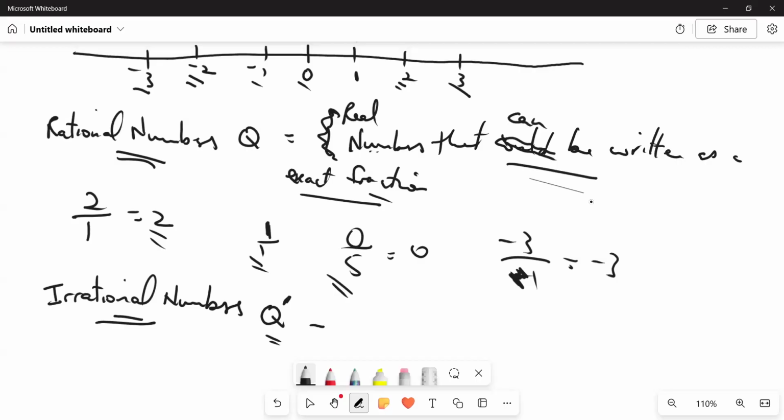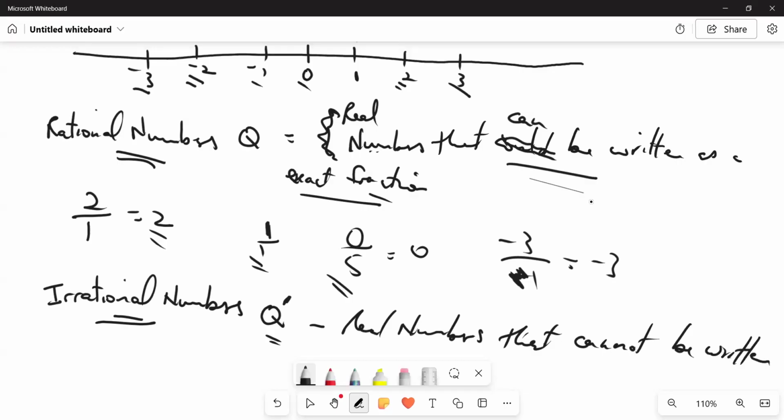So irrational numbers are real numbers that cannot be written as an exact fraction.